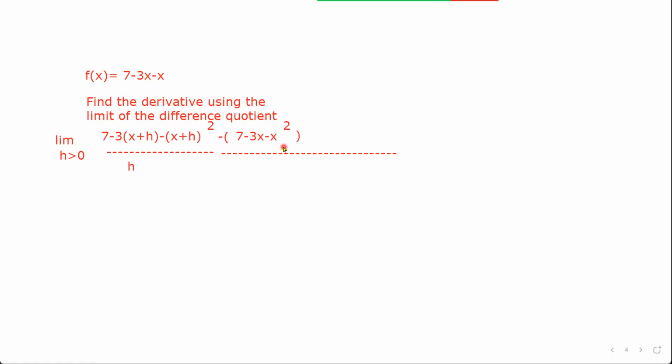There's f of x over h. Limit as h goes to 0. So far, so good?